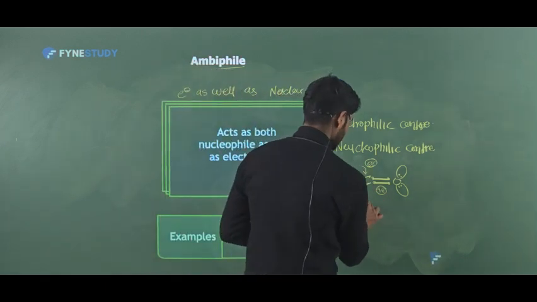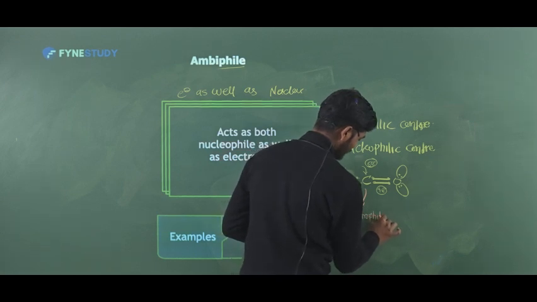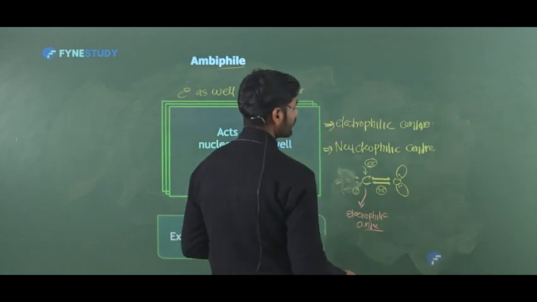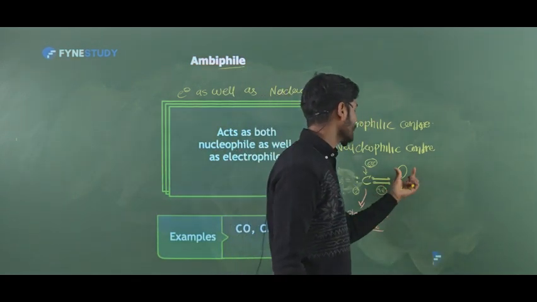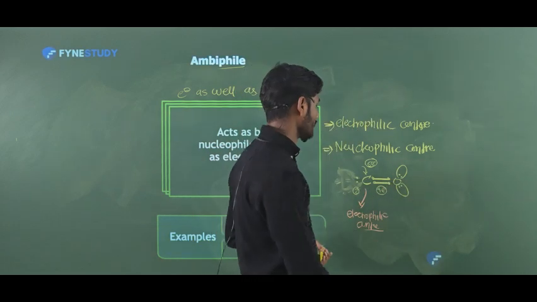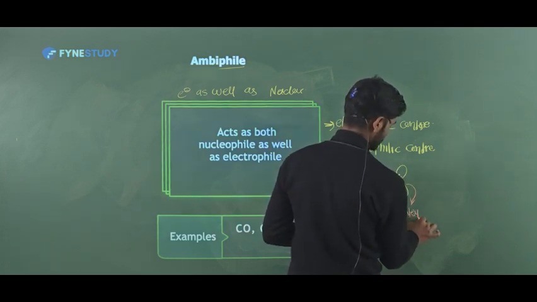So the carbon is the electrophilic center. Now oxygen has 4 and 4, that's 8. The octet is completed and 2 extra lone pairs are there. It means it can donate the lone pair. So it will be the nucleophilic center.